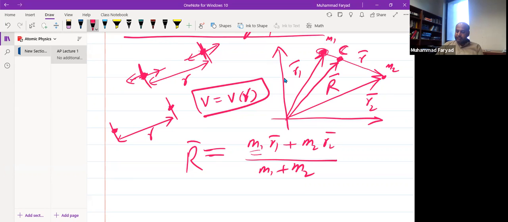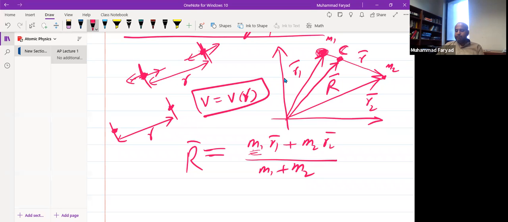And in the special case where you take m1 to go to infinity, for example, you consider m1 to be the nucleus and m2 to be the electron, and you assume that the nucleus is infinitely heavier than the electron, then m1 can cancel out, and this R will just be R1.